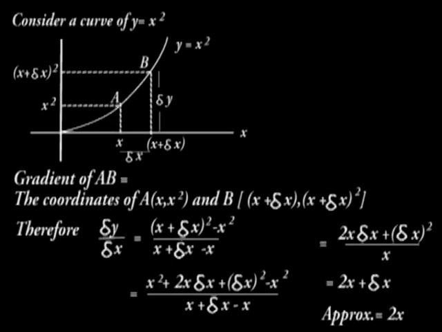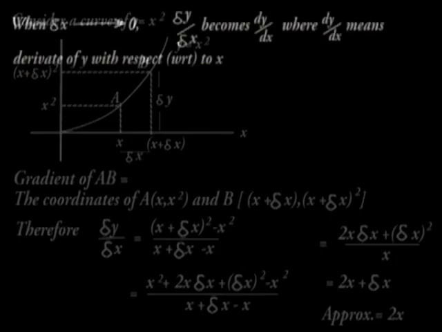The process of deriving this function is called differentiation. That is, differentiation of x squared with respect to x. The gradient function is called the derivative or derived function of x squared.